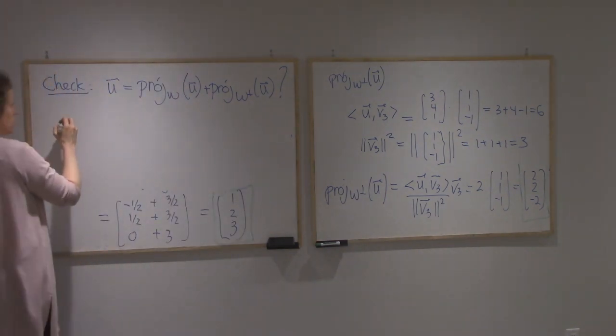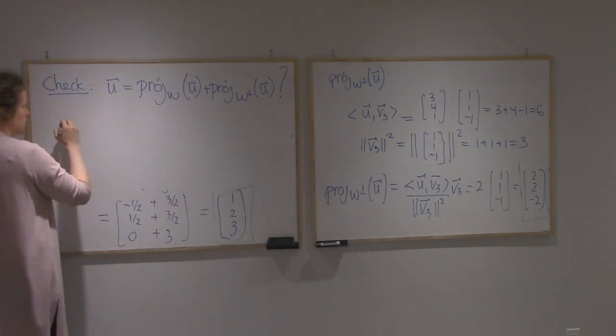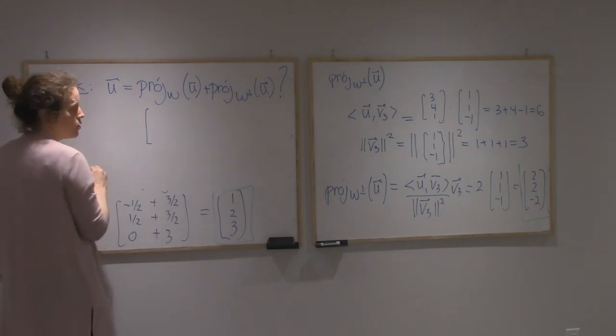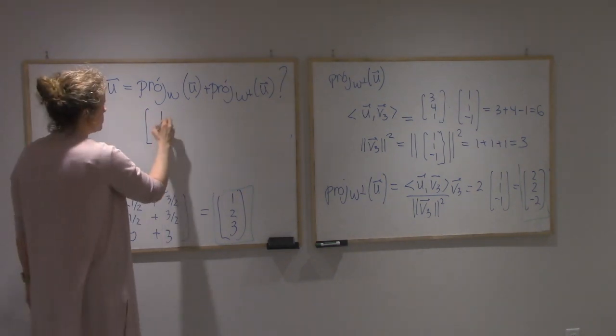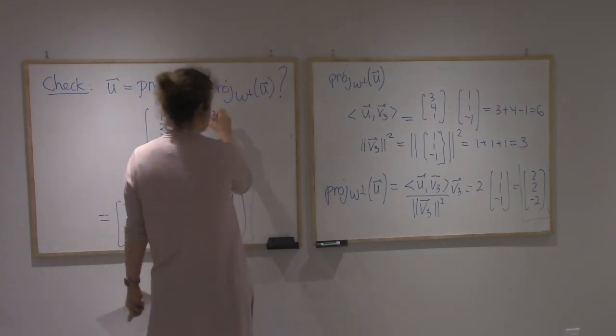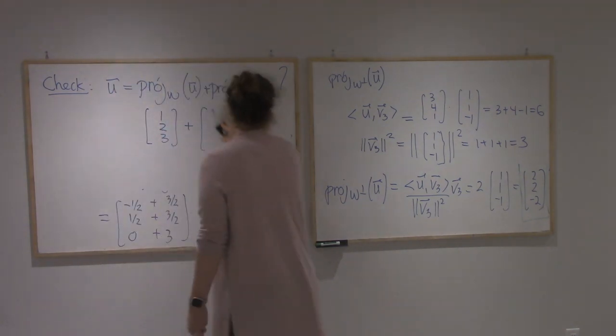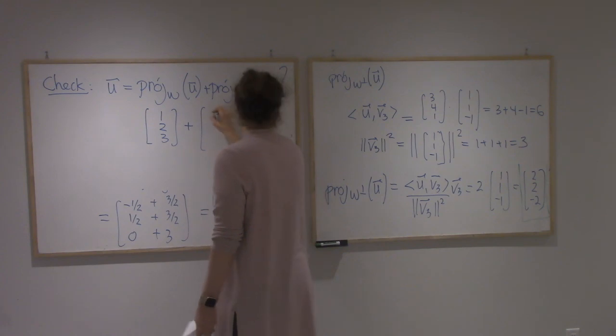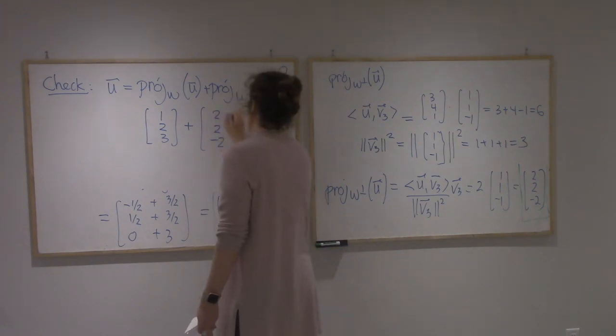So the projection onto W was here, 1, 2, 3. The projection onto W perp is over there, so I get 2, 2, minus 2.